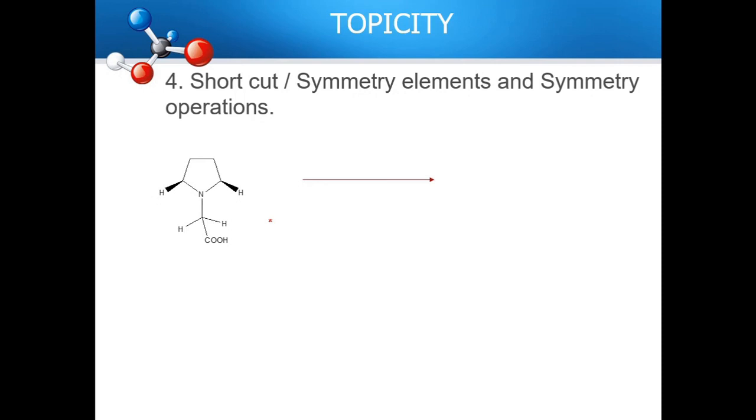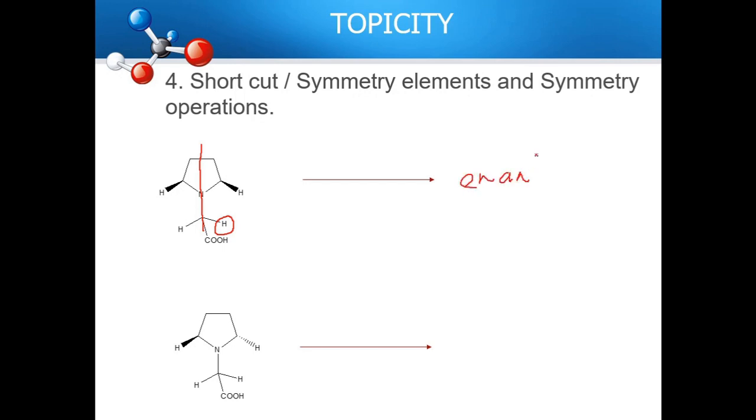Now let us see some shortcut using symmetry elements and symmetry operation. Now in this molecule again we have a mirror plane, and if we are going to replace this hydrogen with a ligand, the molecule is going to be enantiotopic. So it is going to give you a pair of enantiomers.